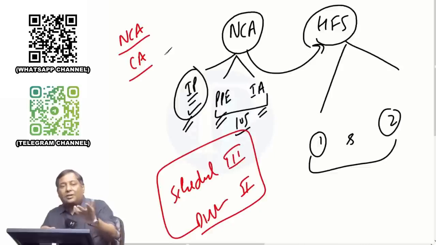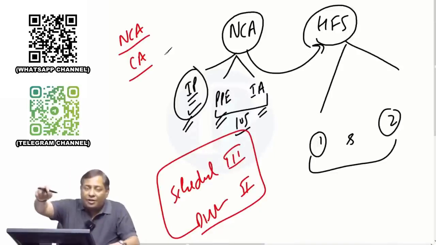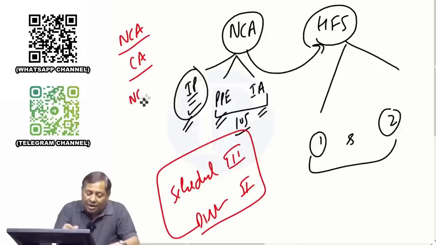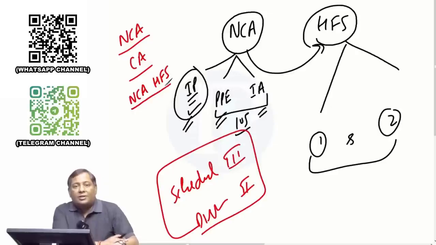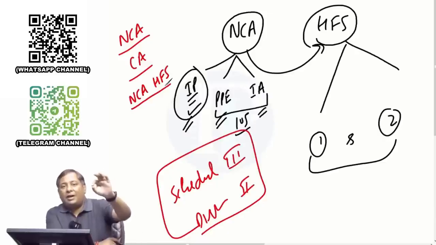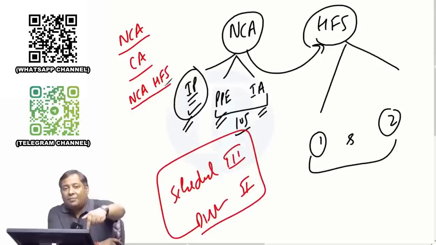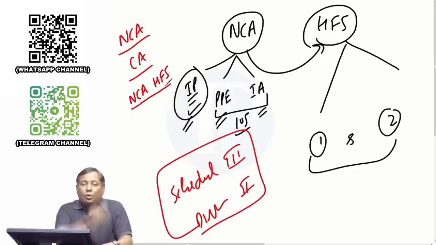Students ask where non-current assets held for sale are shown on the balance sheet. In 105, we discussed that in Schedule 3 Division 2, after the current assets, a new heading will be added with this name. So if any entity has a 105 asset, then they will mention a new heading in their balance sheet after current assets with the name non-current assets held for sale.